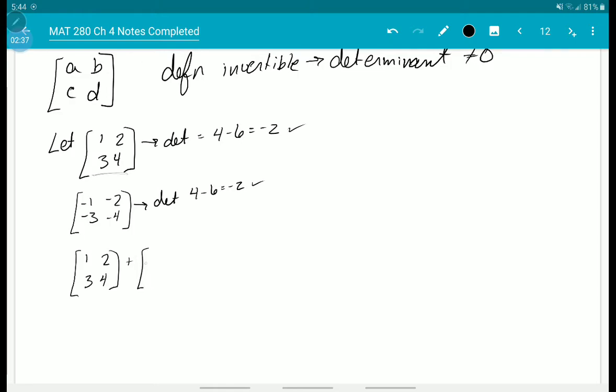So the question is, if I take any two matrices in here, do I get something else that's invertible? Well, if I add these together, I get the 0 matrix. And the determinant of the 0 matrix is 0, which means it is not invertible. So this guy is not closed under addition.